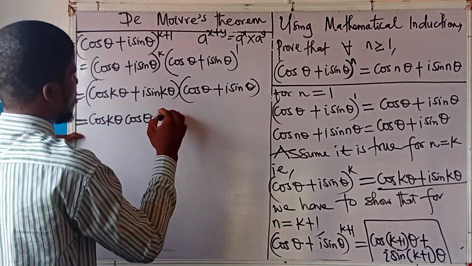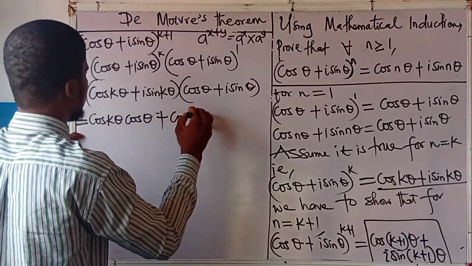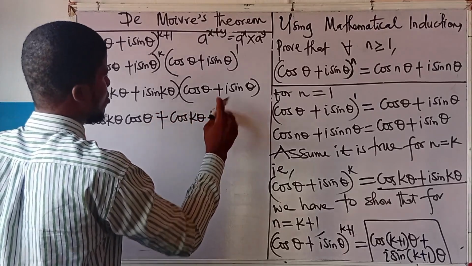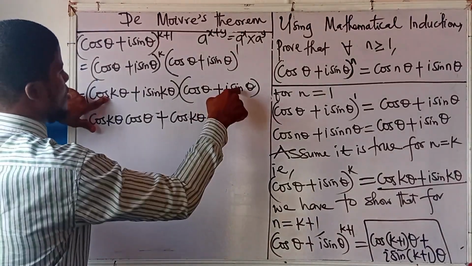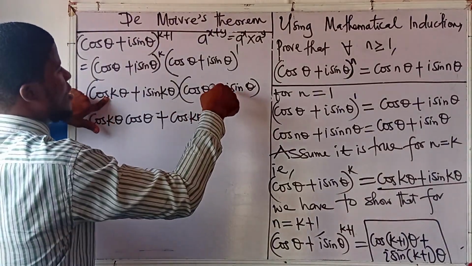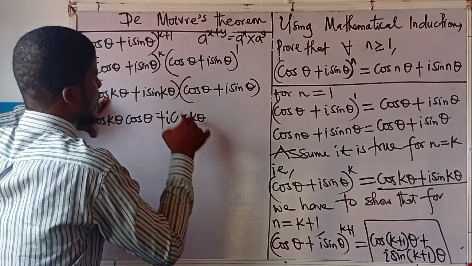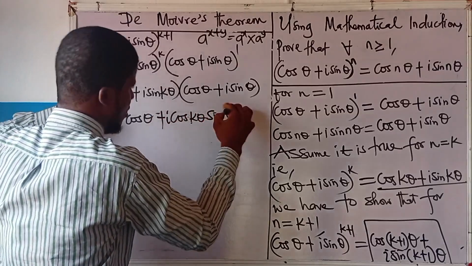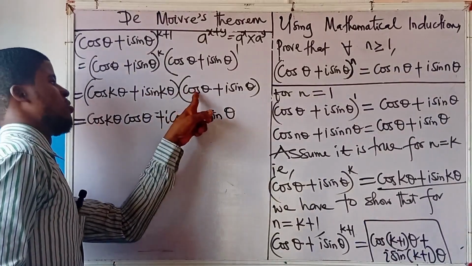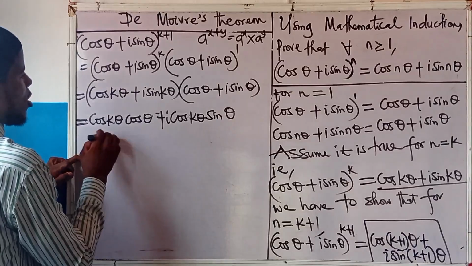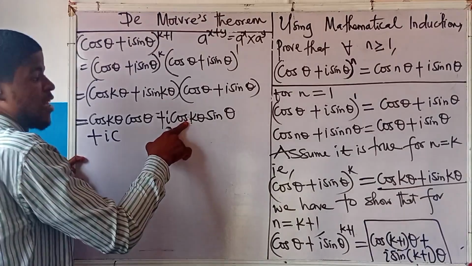This times this, cos k theta times i sin theta. Let me write the i outside. So i cos k theta sin theta. Then this times this, that will be plus i cos theta. Let me start with the cos since I started with cos before.